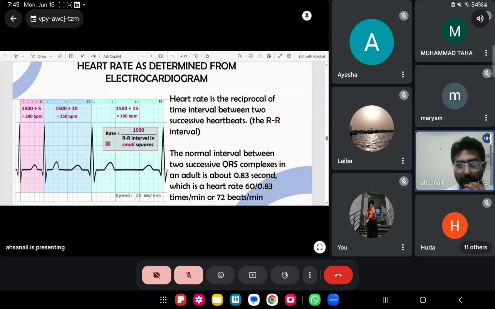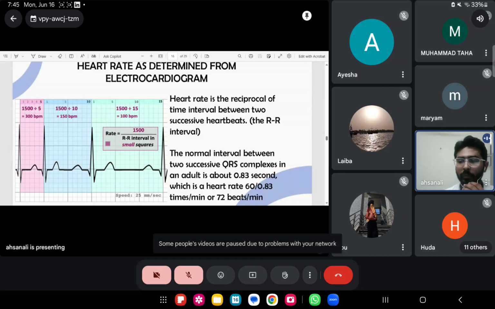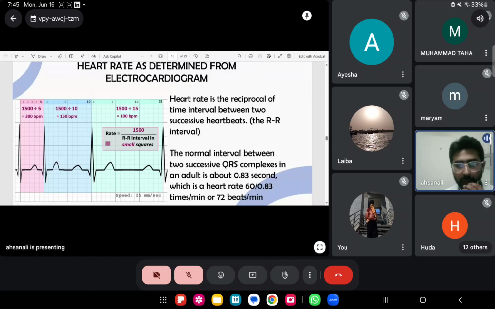If I take this RR, between these two R complexes we have 10 small boxes. You divide 1500 by 10 and get a rate of 150. And if you count 5 small boxes and divide 1500 by 5, you get a rate of 300.